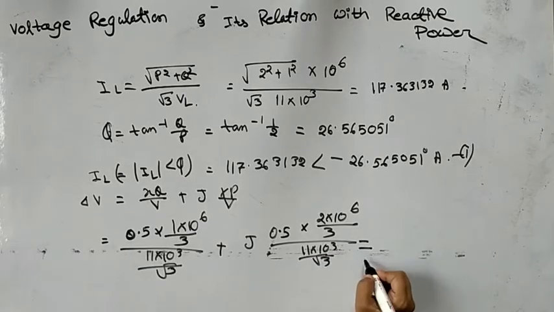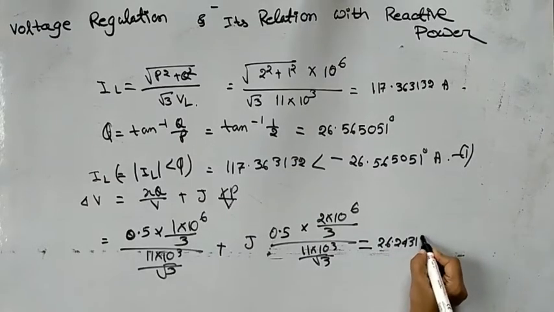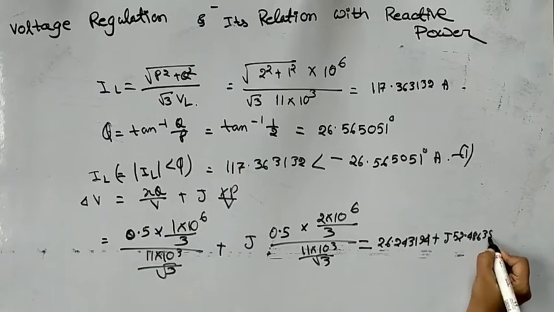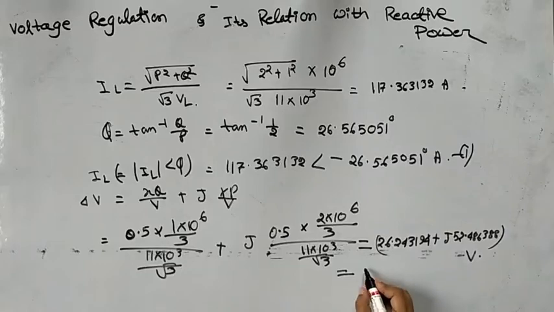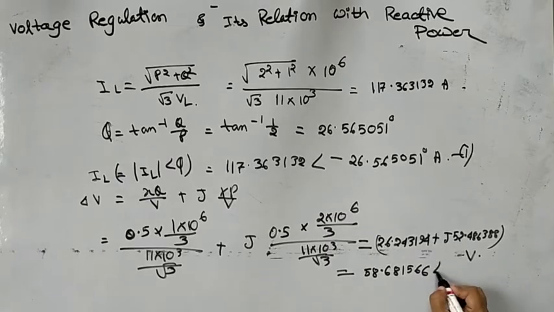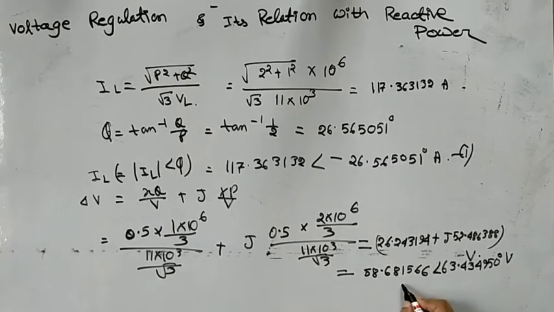Now this equals 26.243194 plus j 52.486388 volt, and this equals 58.681566 angle 63.434950 degree volt. This is the answer of question 2.